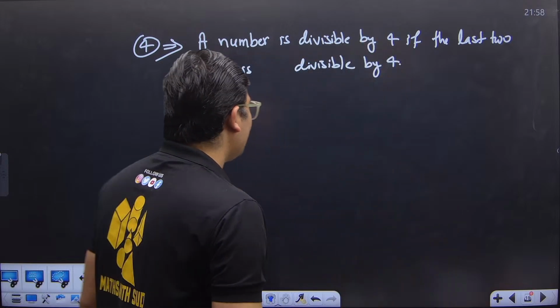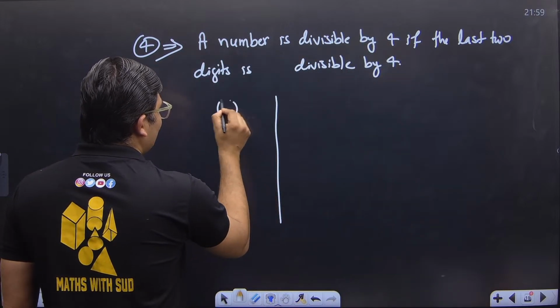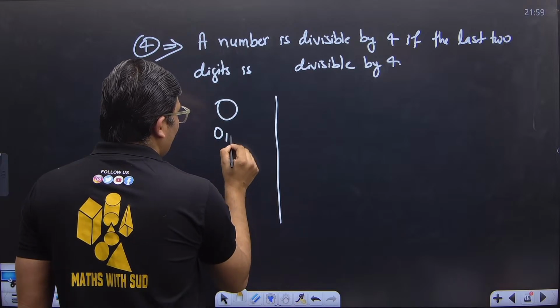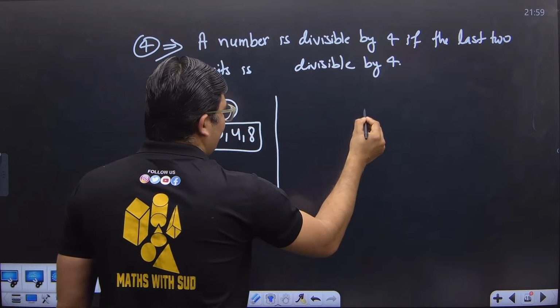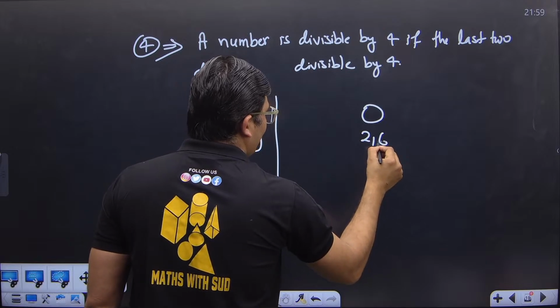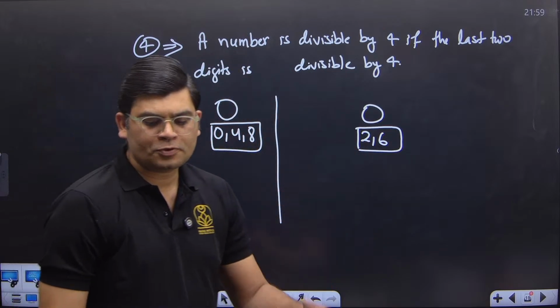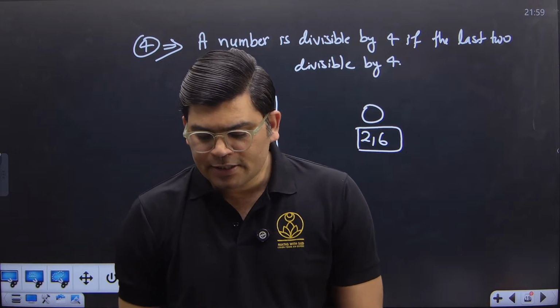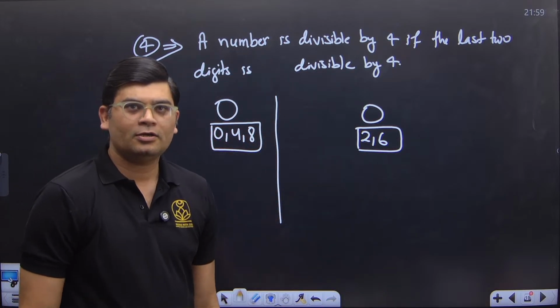Okay, now how to check? So we have to divide the numbers into 2 parts. On one part we will have the ones place as 0, 4 and 8. On the other side we will have 2 and 6. So basically we have categorized the number into 2 groups. One of the group is 2 and 6, the other group is 0, 4 and 8.